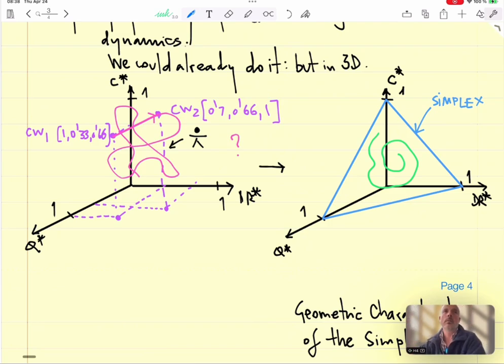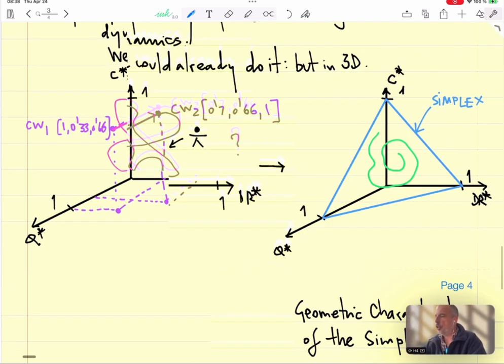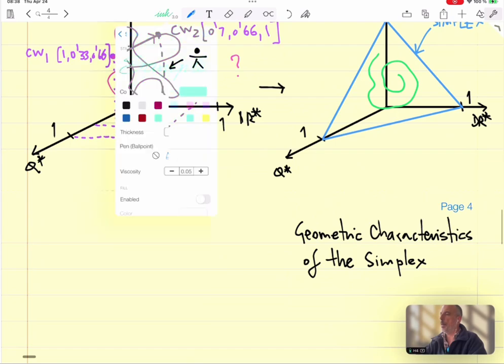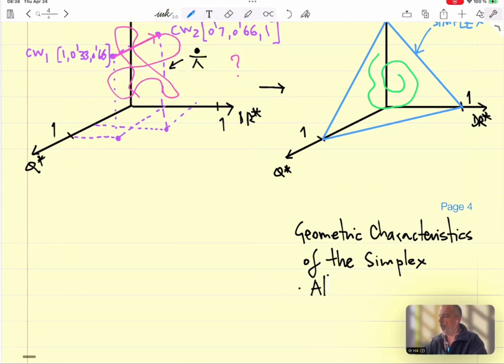So the geometric characteristics of the simplex are, like I said before, it is a 2D representation of 3 axes. Okay?